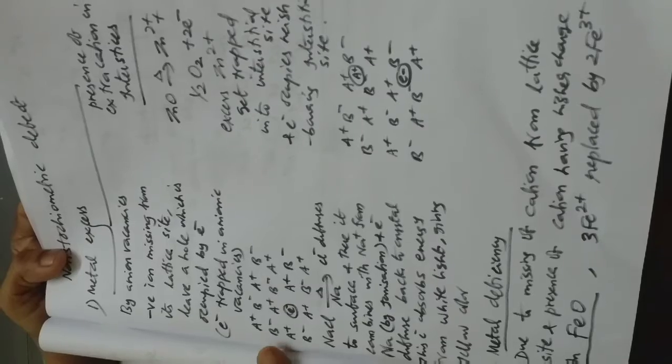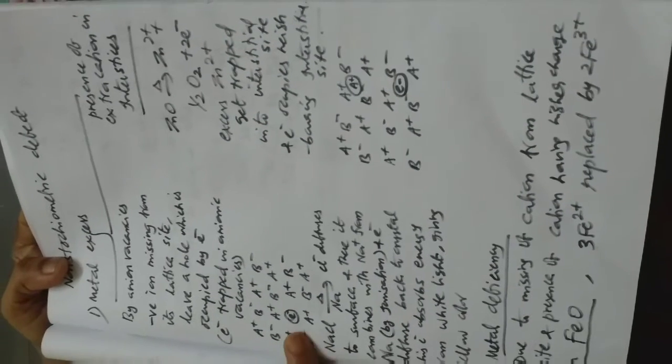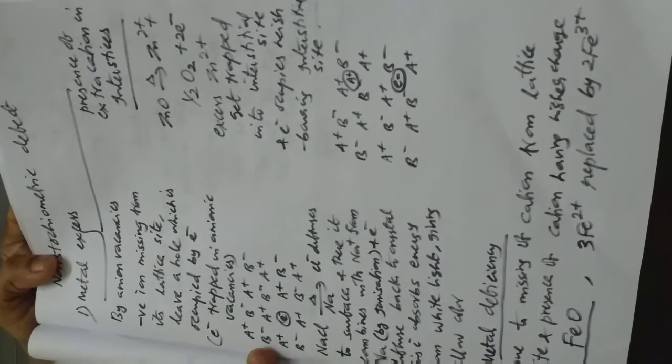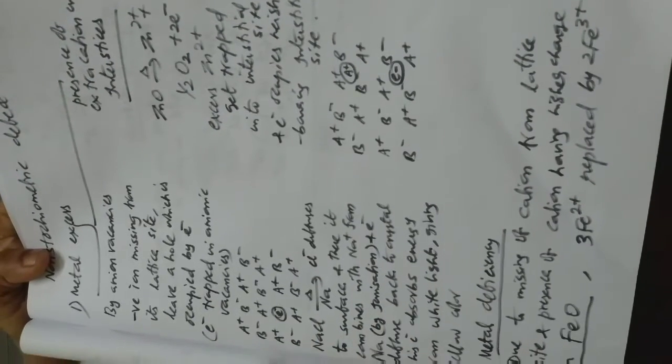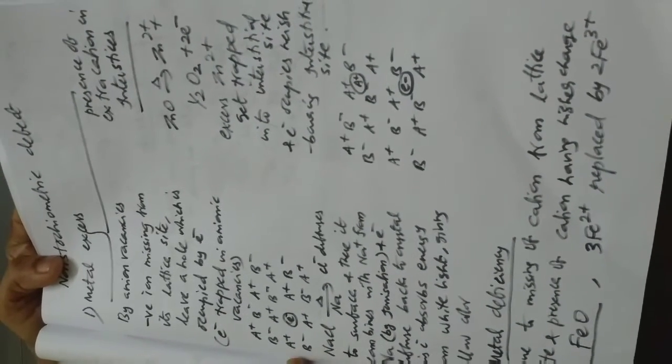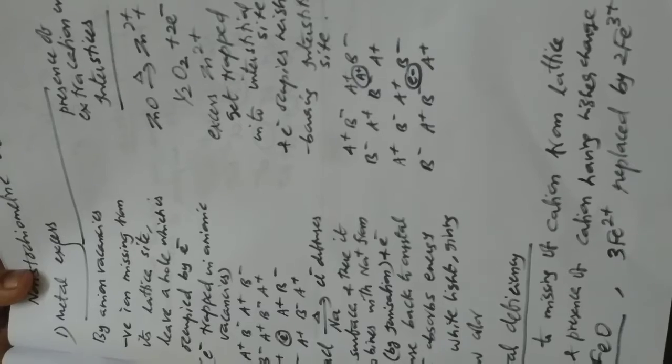Potassium, KCl with K, you get violet color. And LiCl heated with lithium, you get pink color. You can remember Li-P, Li-P. Lithium gives pink color, KCl with K gives violet color, and sodium chloride plus sodium gives yellow color.